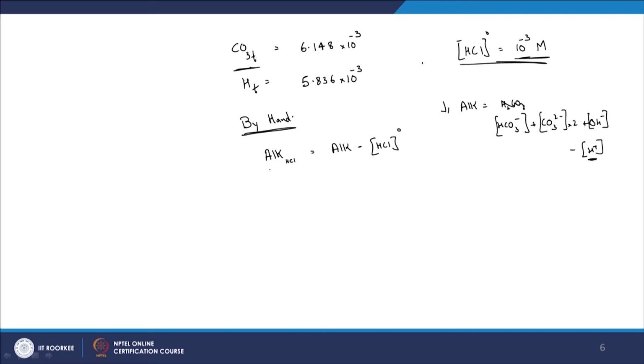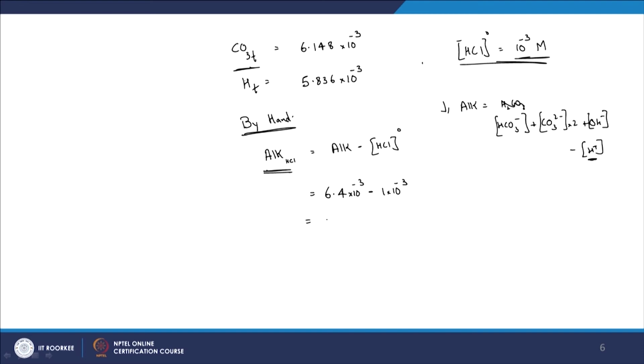That is why, in part C, alkalinity after addition of HCl is going to be alkalinity initially, which we can calculate from part B, minus HCl naught. So, what is that equal to now? Let us see that here. That is equal to 6.4 into 10 power minus 3, minus 1 into 10 power minus 3.